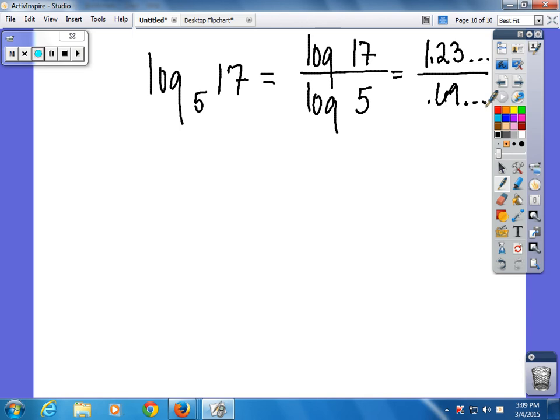Okay. Now, do those and tell me what you get. 1.78, dot, dot, dot. Now, if you can't do that, then we need to have a talk. Because you're in college algebra, you should be able to do this.